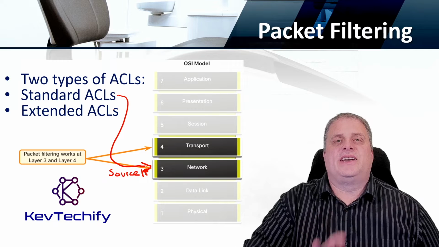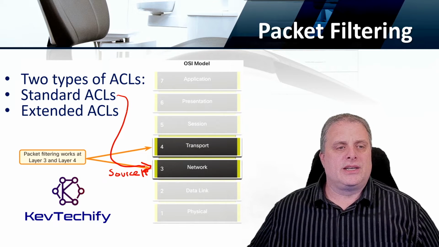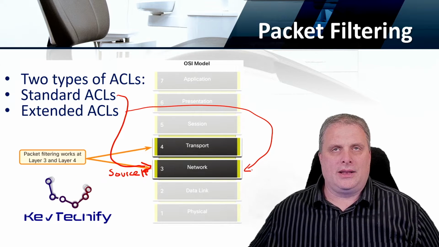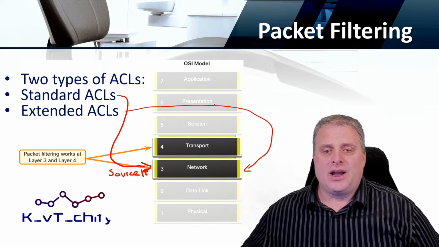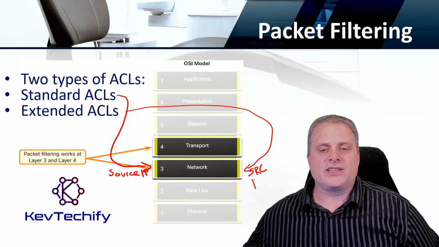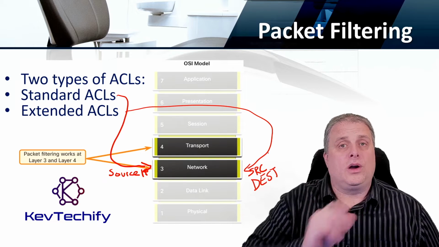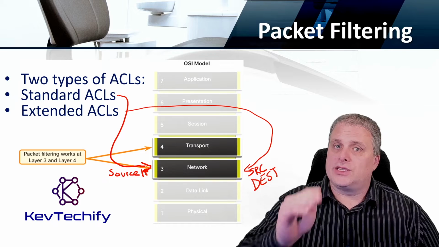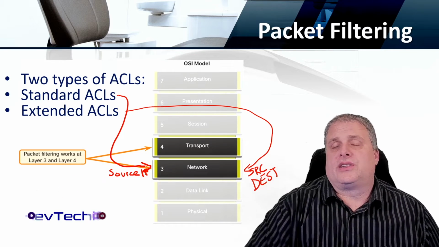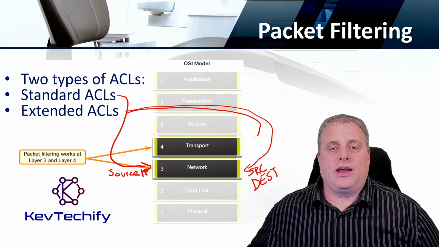An extended ACL gives you finer control. Not only will extended ACLs look at the IP address in the header, it will look at the source and it will look at the destination IP addresses. And it can filter on either one of those, the source IP address in that packet header or the destination. The other thing an extended ACL does is not only look at layer 3, it will look at layer 4.